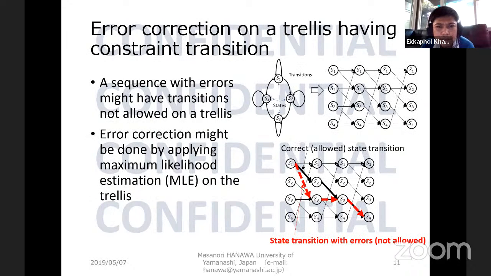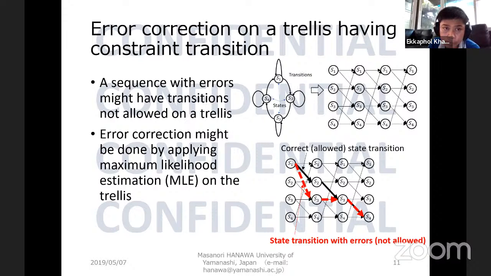Do you know convolutional coding? Convolutional error correction coding? No, I only know some simple concepts from Hamming coding. Okay, then I want to ask you to study convolutional coding.